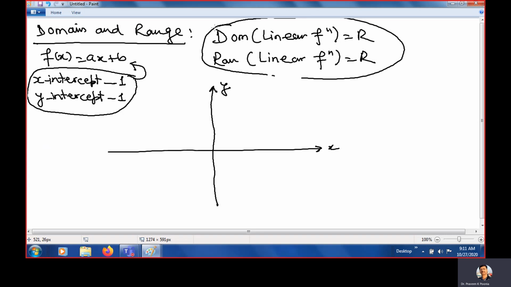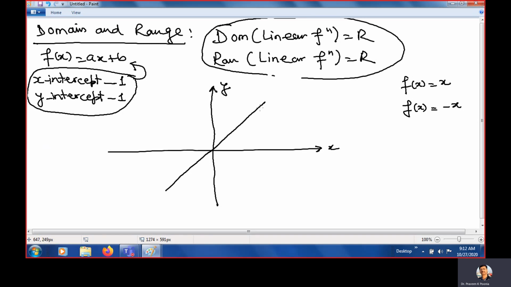Clear? And there are two lines I want to tell you, f(x) equals x and f(x) equals minus x. These are special lines. Clear? So if I draw this line from here like this one, oh again it is not going through the center.